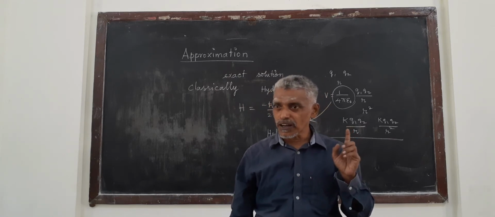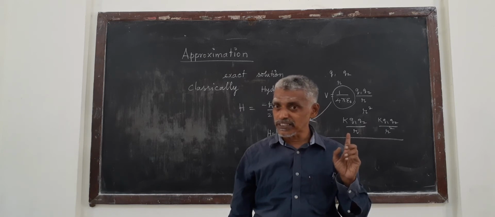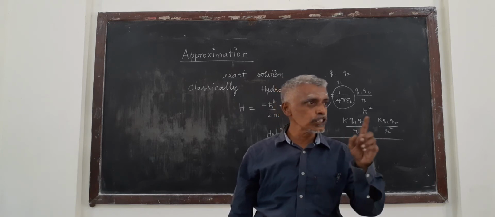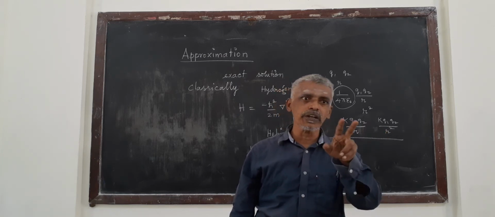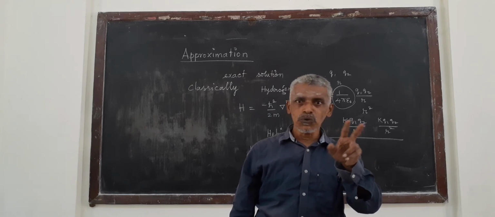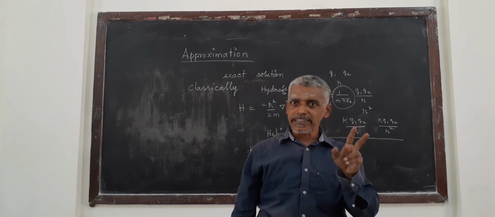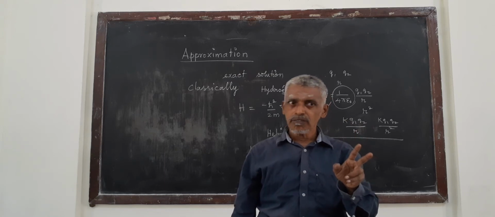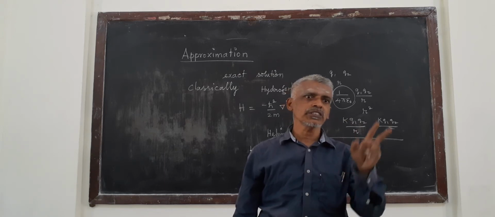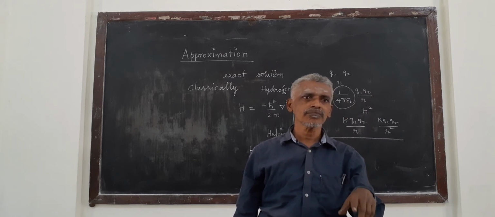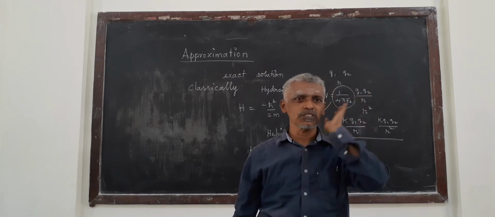First case is the hydrogen atom, then the second case is the helium atom. As you know well, the helium atom has 2 electrons. For 2 electrons, you have to write kinetic energies and potential energies. In addition to that, then you have to go back and see it.